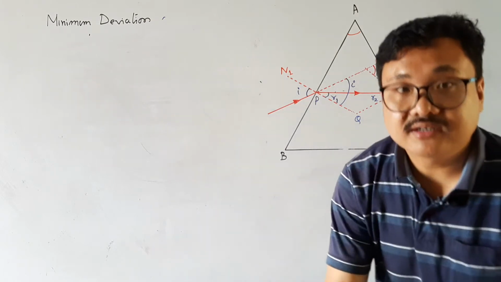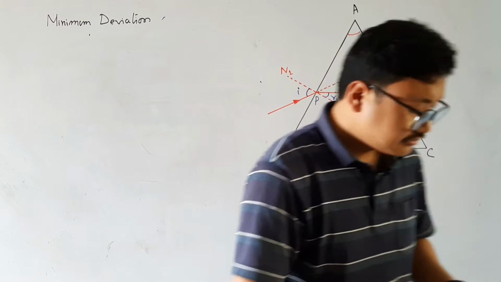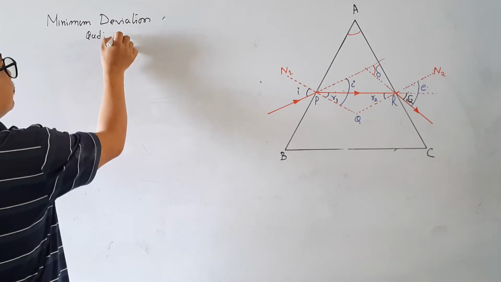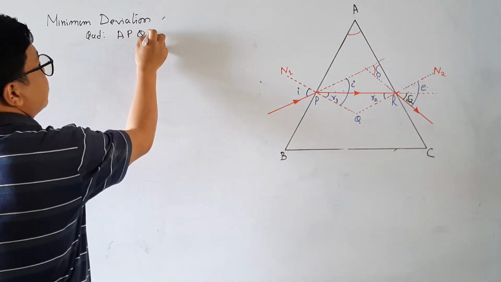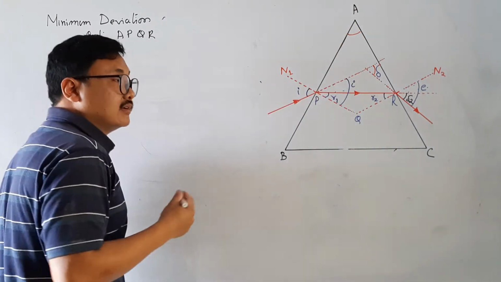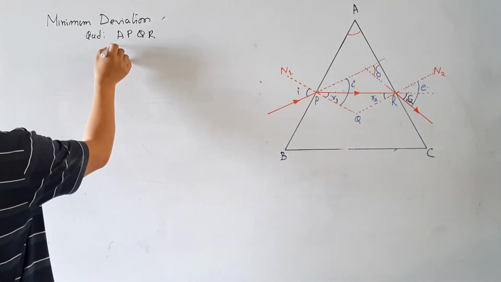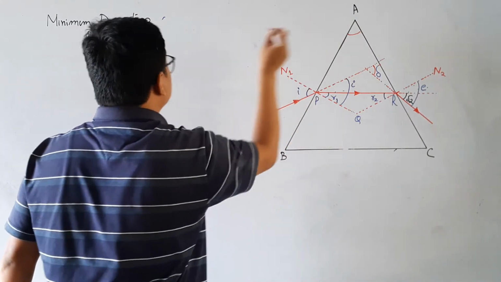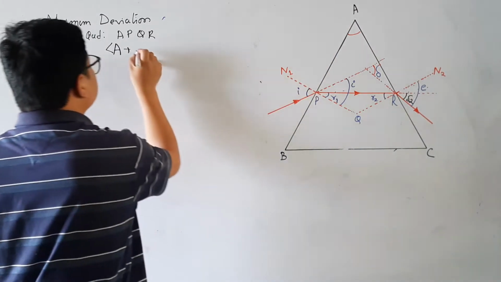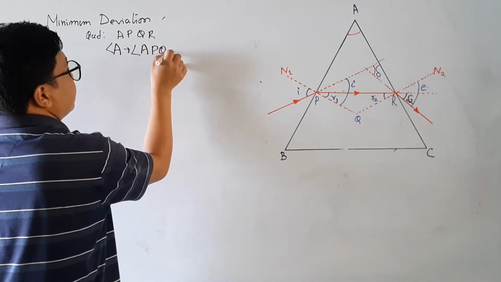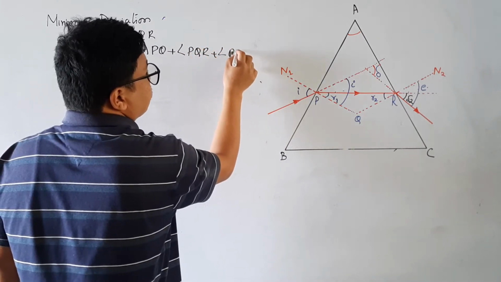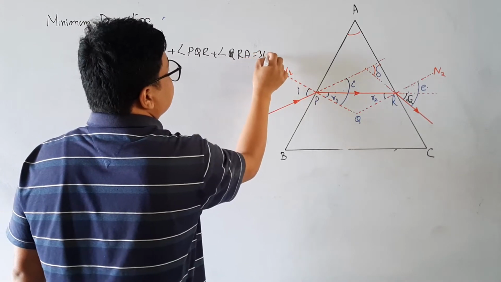So let us begin the theory and the derivation part. So there is one quadrilateral APQR. Please figure out that APQR is the quadrilateral, and if I add all the angles, angle A plus angle APQ plus angle PQR plus angle QRA is equal to 360 degrees.